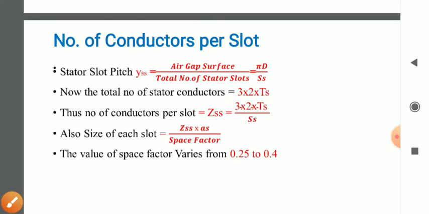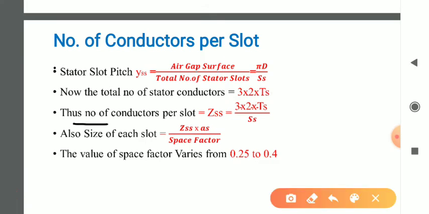So the total number of conductors per slot, denoted by ZSS, is calculated as ZSS equals 3 into 2 into TS, which is the total number of conductors, divided by SS, that is the total number of slots. So we get the total number of conductors per slot.